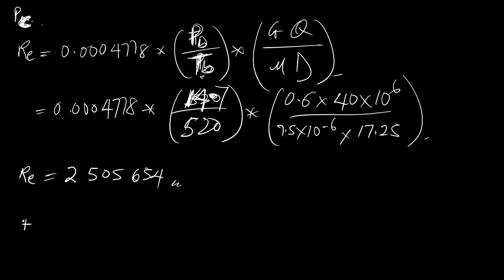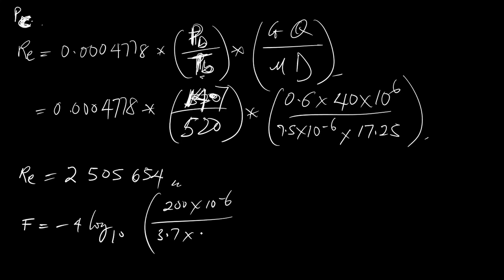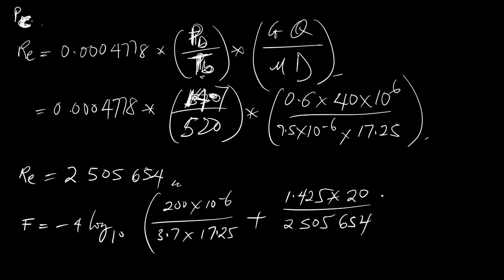We calculate the transmission factor, which will now be F equal to -4 log to base 10 of E, which is 200 times 10 raised to power -6, divided by 3.7 times D, which is 17.25, plus 1.425 times, let's assume the transmission factor is 20, divided by the Reynolds number, which is 2,505,654. So our new F will now be what?